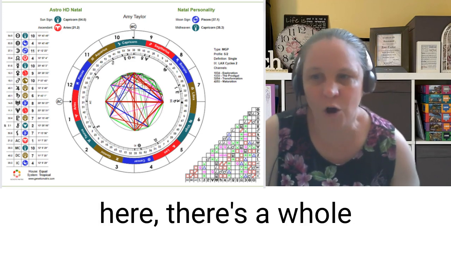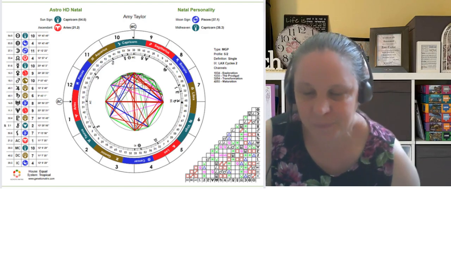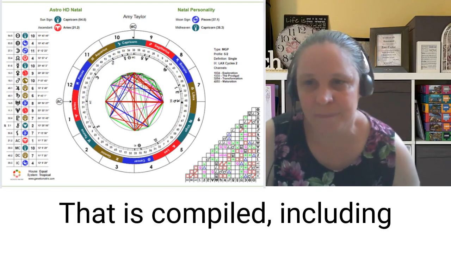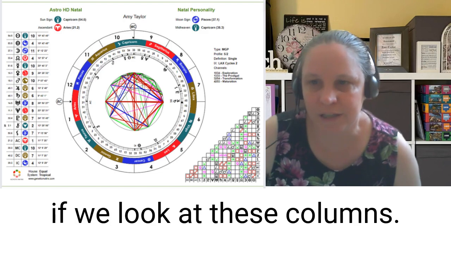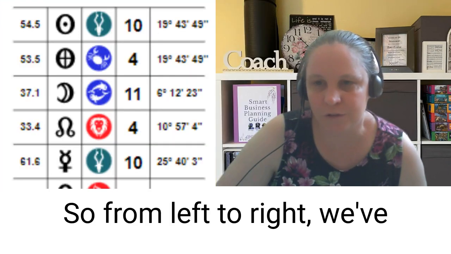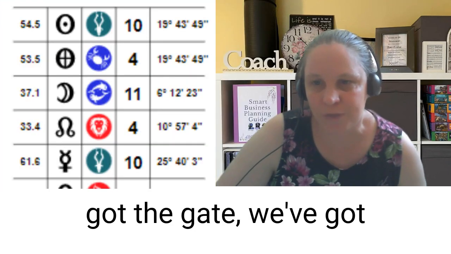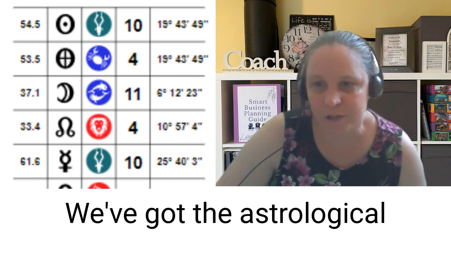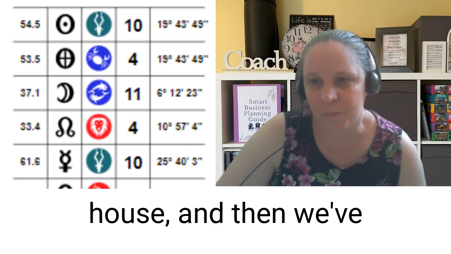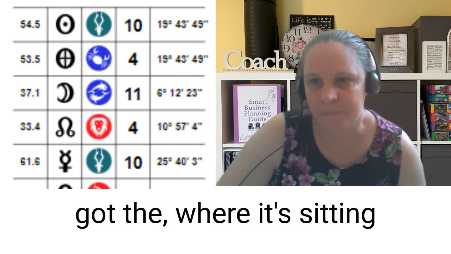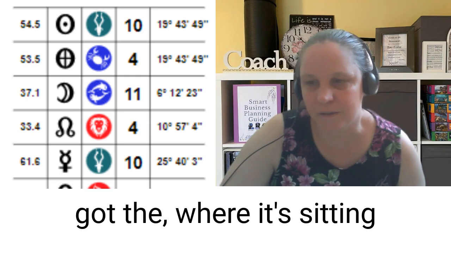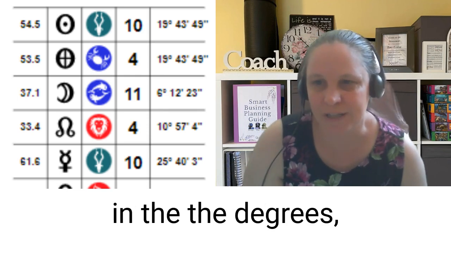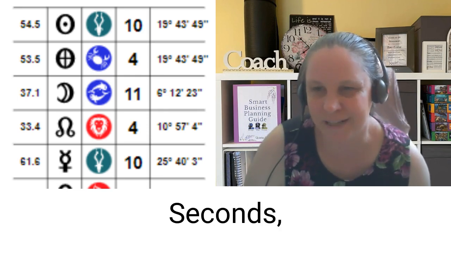And so you can see here, there's a whole pile of information that is compiled, including, if we look at these columns, from left to right, we've got the gate, we've got the planet or designation, we've got the star sign, we've got the astrological house, and then we've got where it's sitting in the degrees, minutes, seconds.